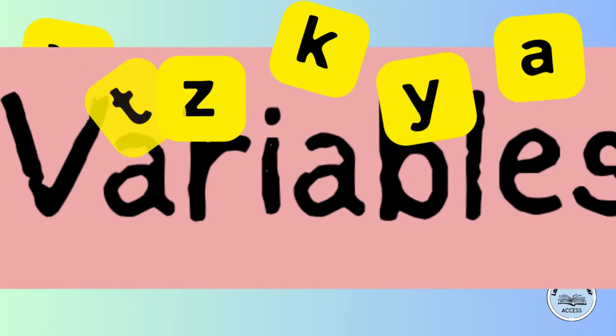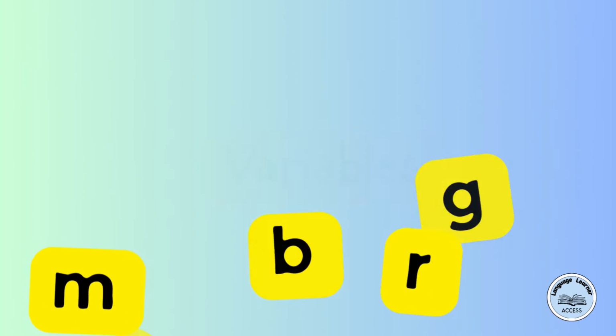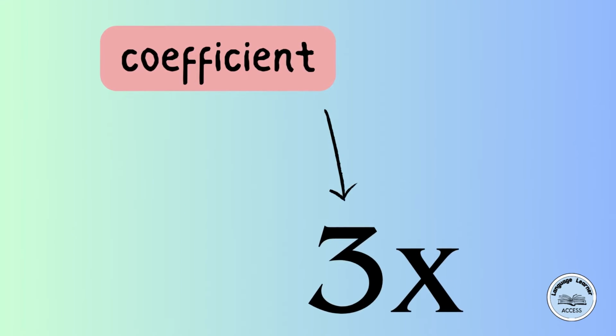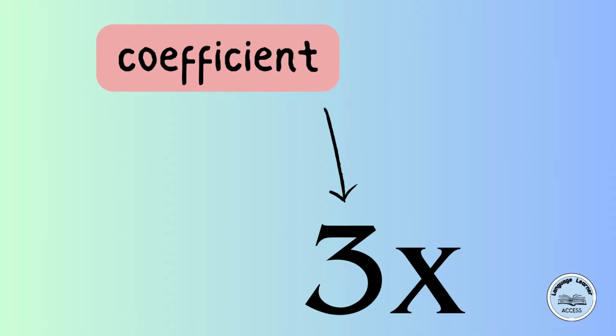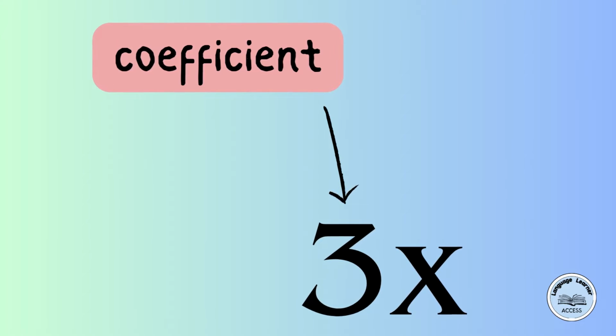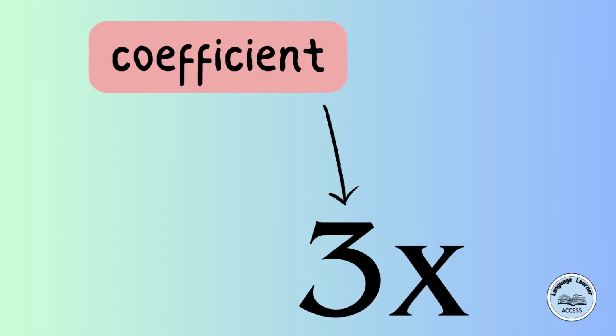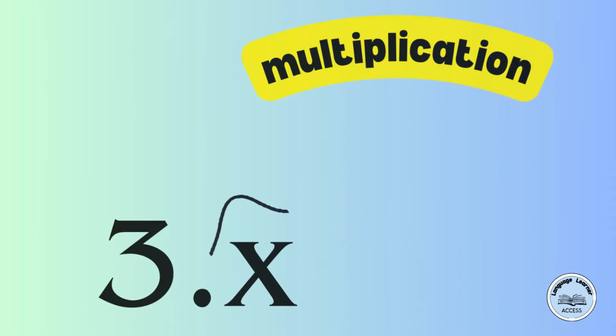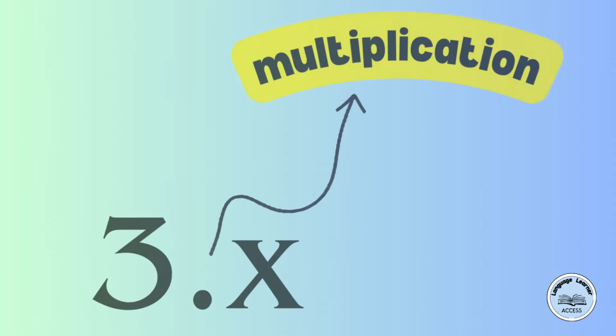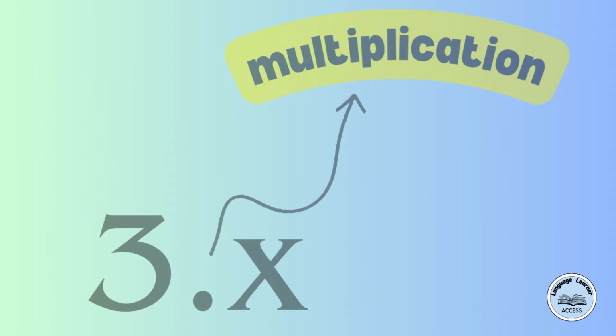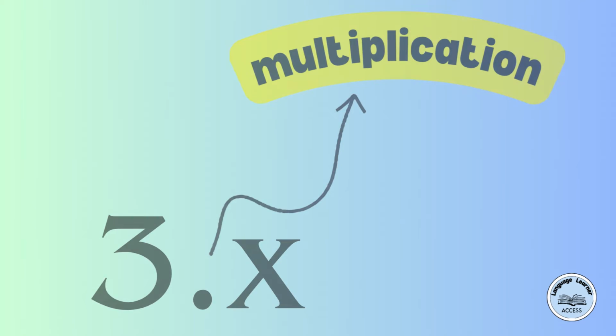A variable is an unknown number. A coefficient is the number in front of a variable, and it tells us how many of the variable we have. In math, the coefficient next to a variable indicates a multiplication operation. So 3x means 3 times x.